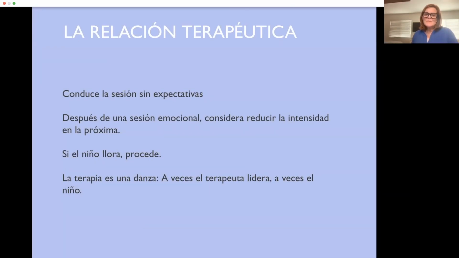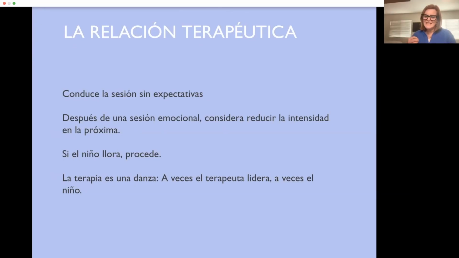Including the therapeutic relationship, which Violet talks about as being the most important, where we're planning the sessions but without expectations.